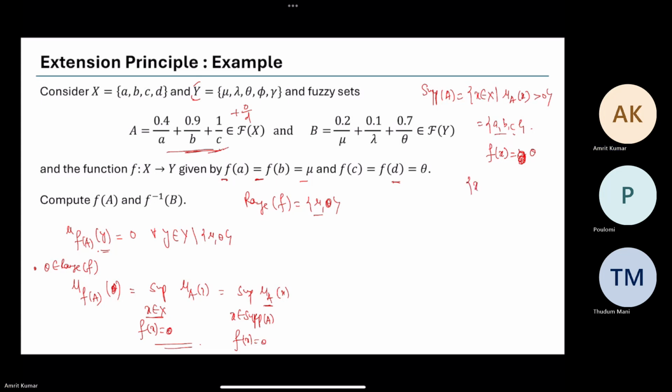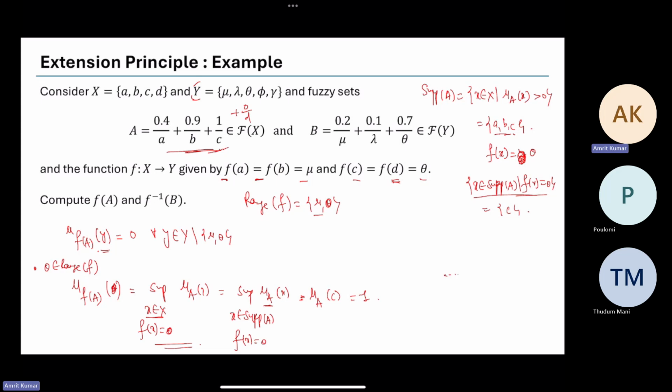Now, the set of all X in the support of A such that f of X equals theta is essentially C, right? So C and D are mapped to theta under f, and only C belongs to the support of A. And therefore this set is the singleton C, and so this essentially becomes mu of C. Okay, and mu of C is 1, right?